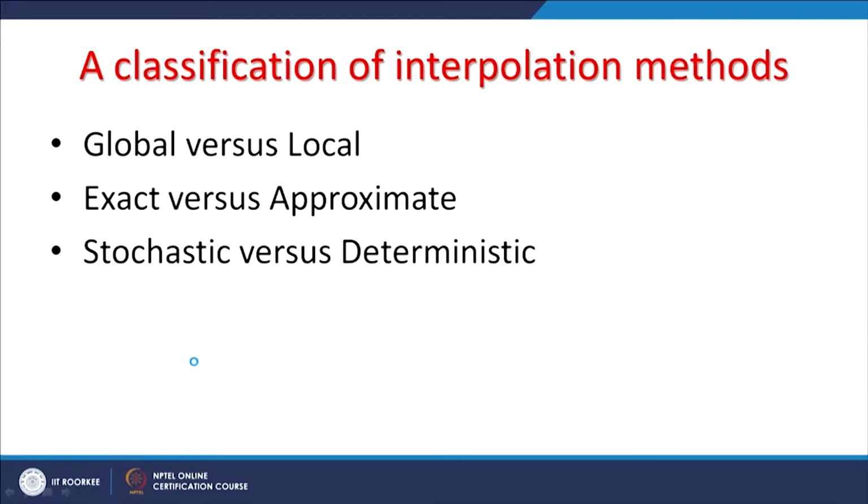That is why exact versus approximate. The third type of classification is stochastic versus deterministic. And one more type can be abrupt versus smooth.